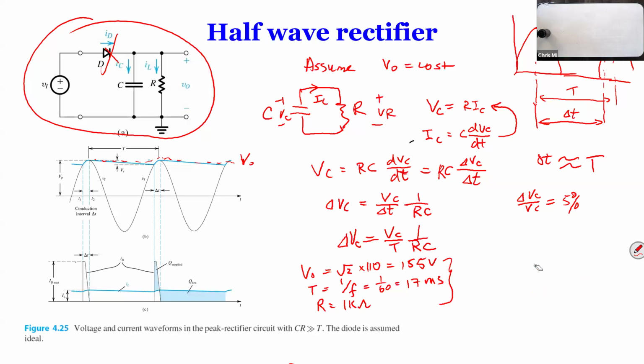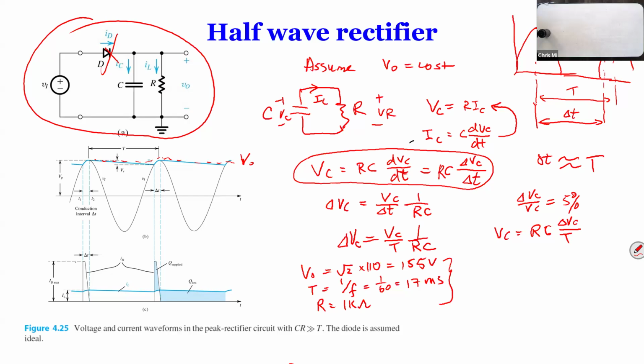Let's take this equation here. So we said VC equal to RC delta VC over T, right? That's the equation that we found from the current of a capacitor, which is C dVC over dt. That is correct.